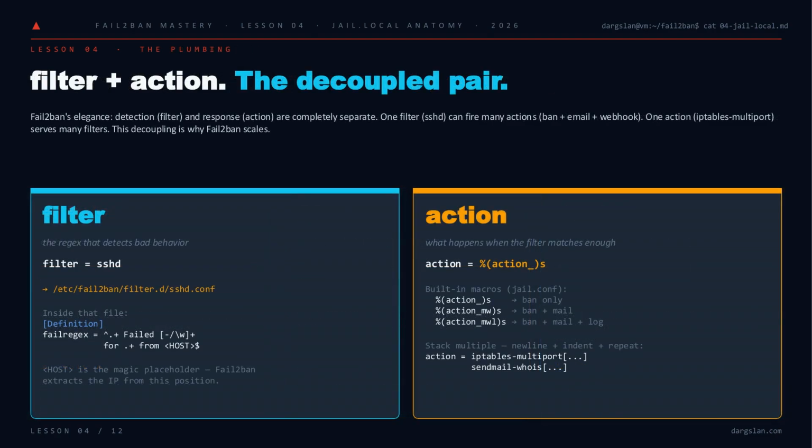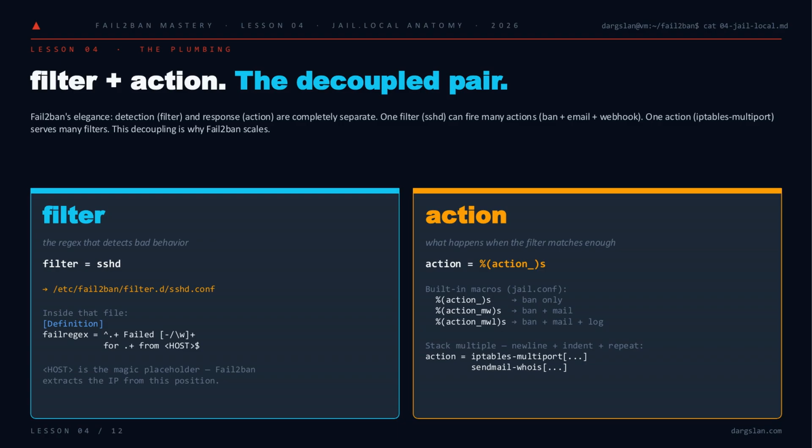Now, once enabled, port and logpath are right, the jail needs 2 more things, a filter and an action. And here's where Fail2ban's design really shines. These 2 are completely decoupled. The filter is just a regex file living in filter.d that says, this log line means trouble, with the magic HOST placeholder marking where the IP gets extracted.